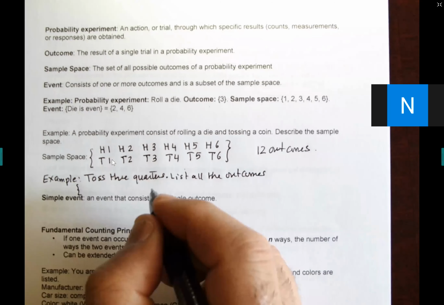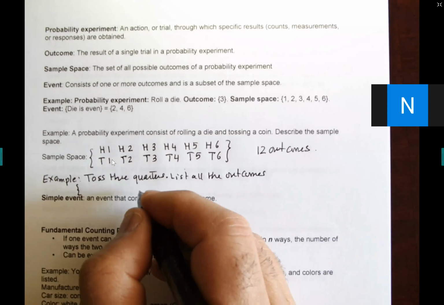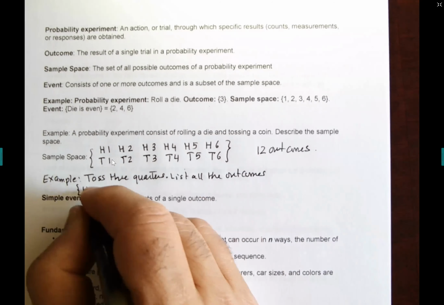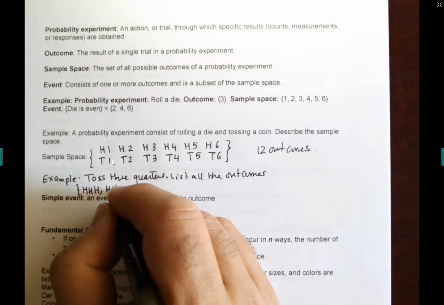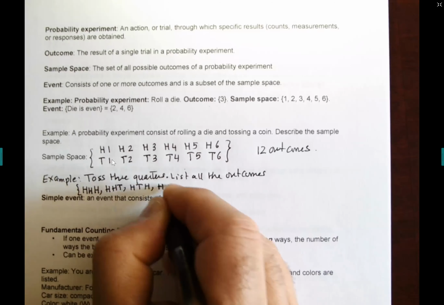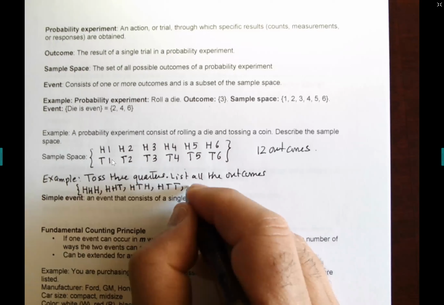We're tossing 3 quarters at the same time, so you observe the face up on all 3 quarters, not just one at a time, all together. Would you guys agree with me? It is possible to get head, head, head, or head on the first one, head on the second one, tail on the third, or head, tail, and then head, or head and tail. That's 4. Then you could get tail, tail, tail.